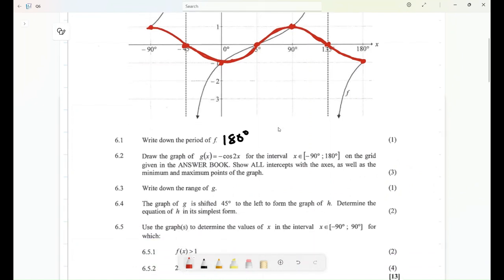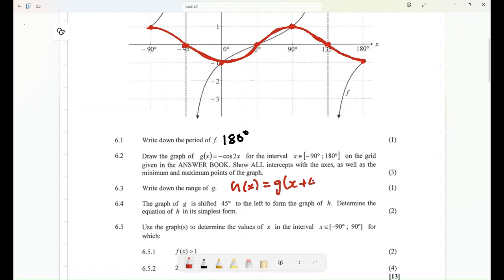Let's move on to the graph of g shifted 45 units to the left. Remember I said 45 units to the left, you add. So to form the graph of h, h of x is equal to g of x shifted to the left.